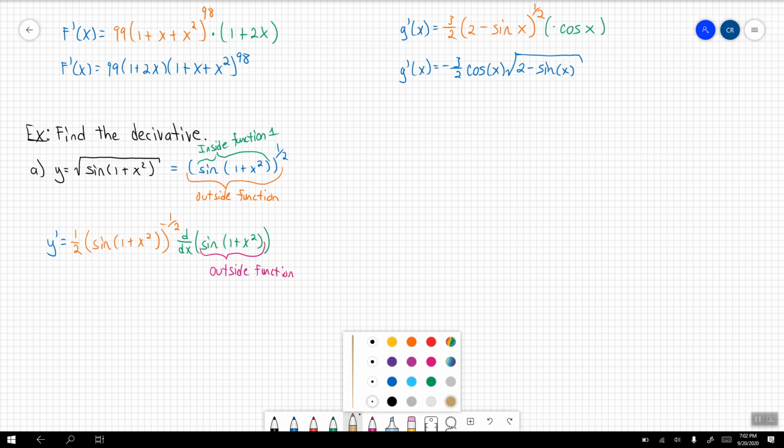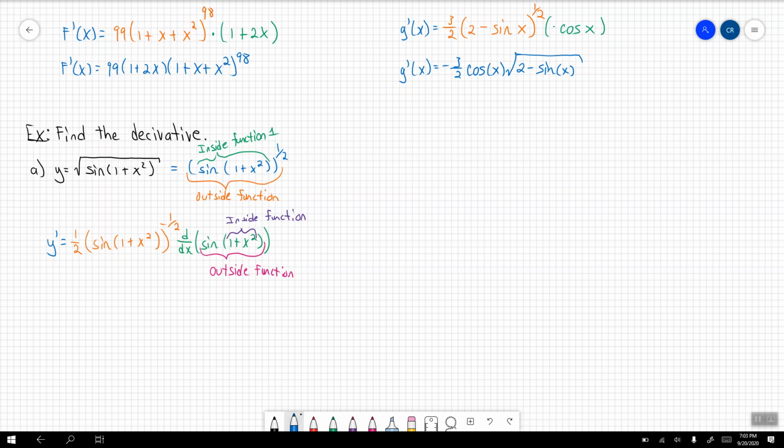And let's go with color gold here. Nope, that doesn't look too well. So let's go with color purple here. So again, I have this inside function. And so now I just got to work on taking that derivative there.